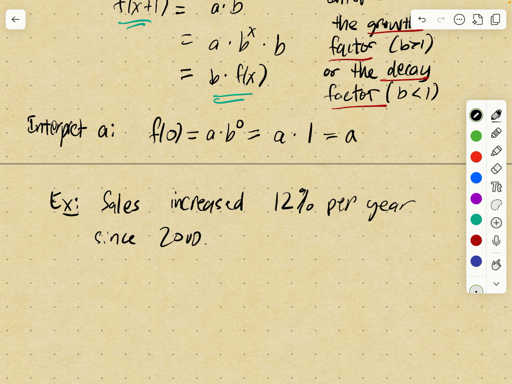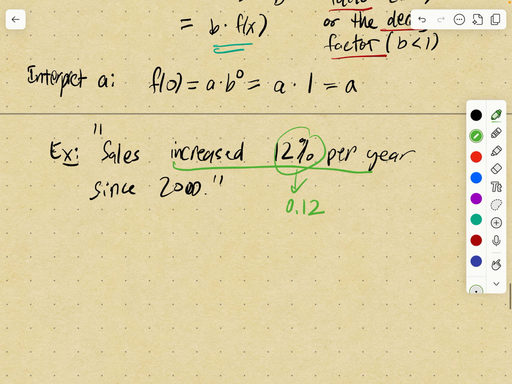Now we're not even doing a problem, we're just thinking about how to translate the sentence into saying something about a function. So how do you represent this sentence mathematically? So let's talk about what increased 12% per year means. So 12% literally means 0.12. Right? It means 12 divided by 100, that number.